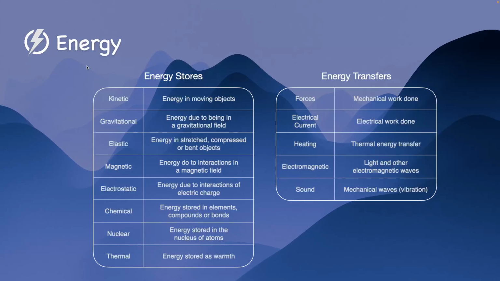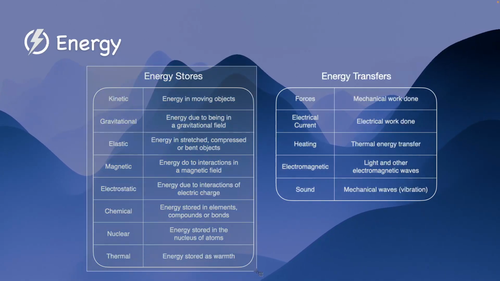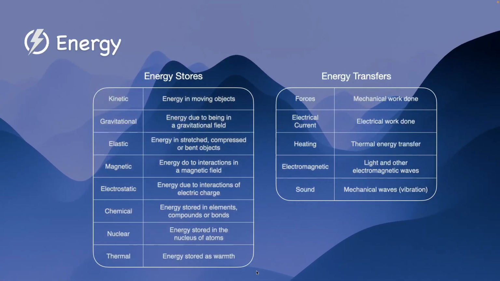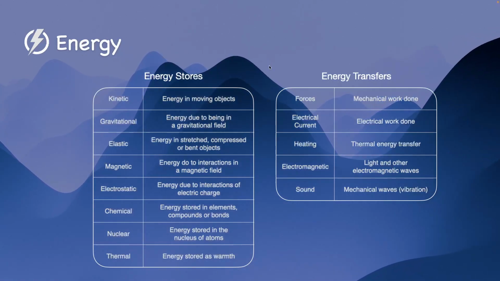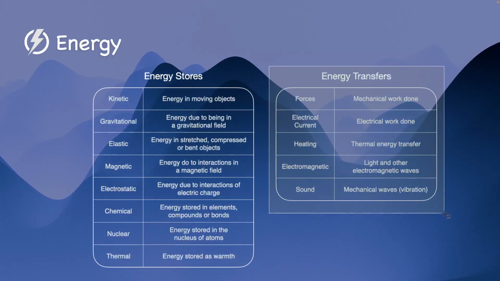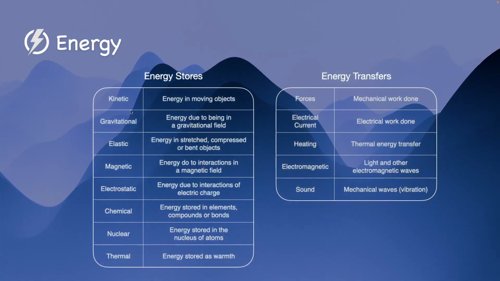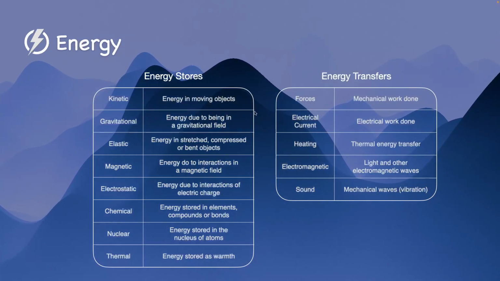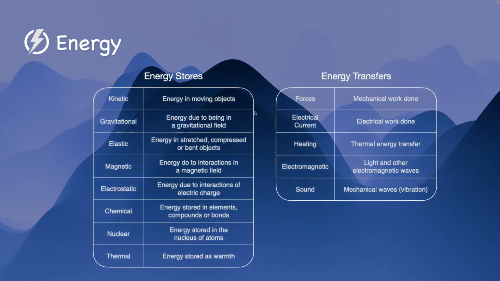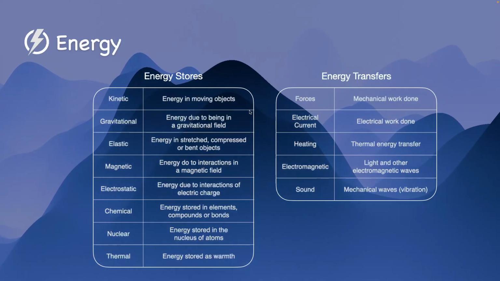So here are listed the energy stores, or this is where an object or a set of objects can store the energy. And here are the methods by which energy is transferred. Kinetic energy is when an object is moving, and because it is moving, it has energy, that is momentum, right?